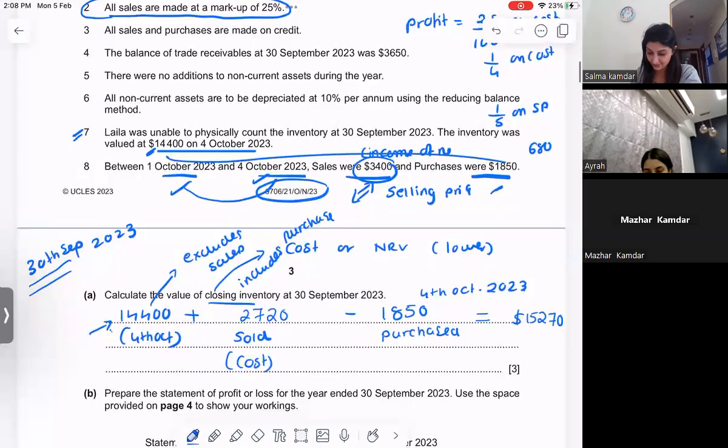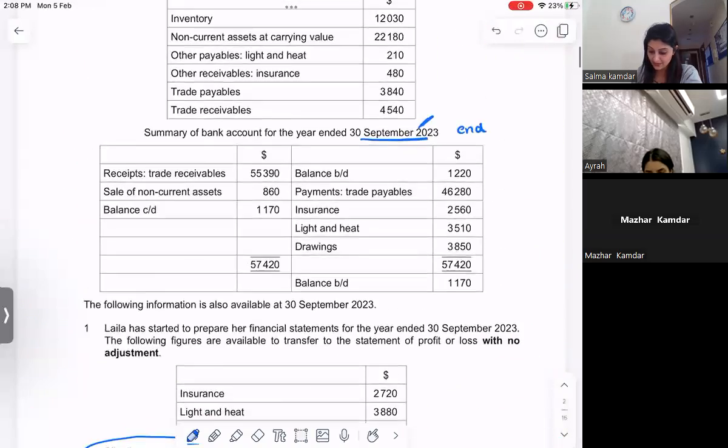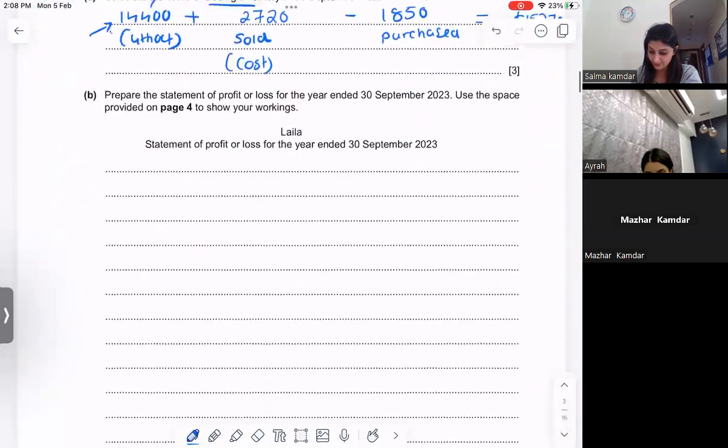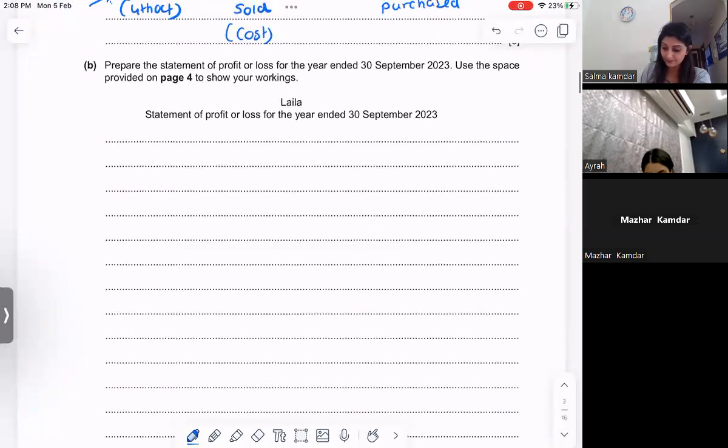Now, what is the next thing that they want you to do? They want you to prepare a statement of profit or loss for the year ended 30th September 2023.